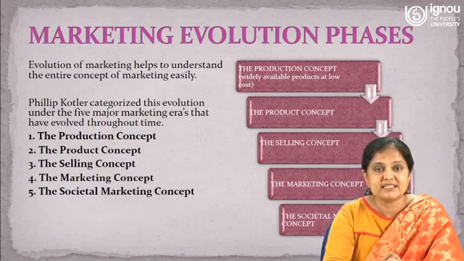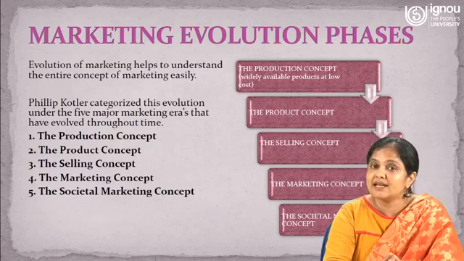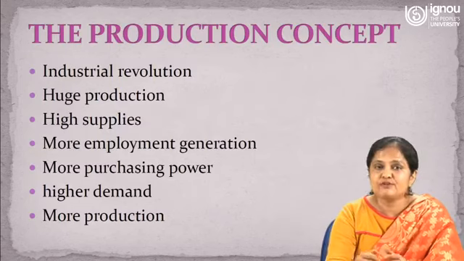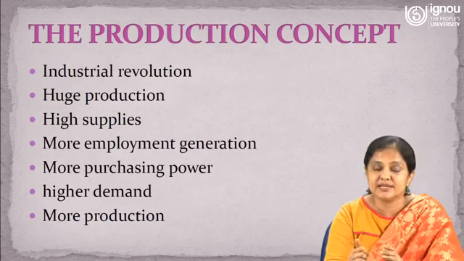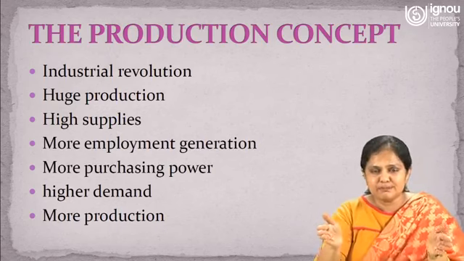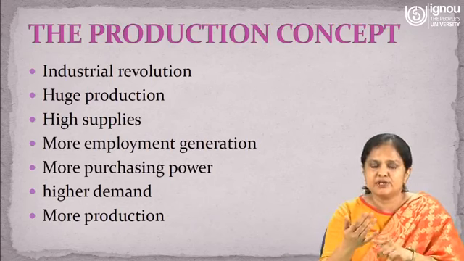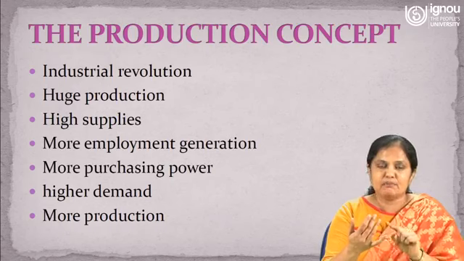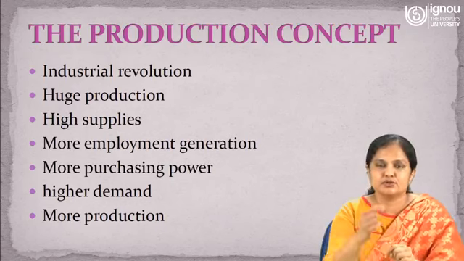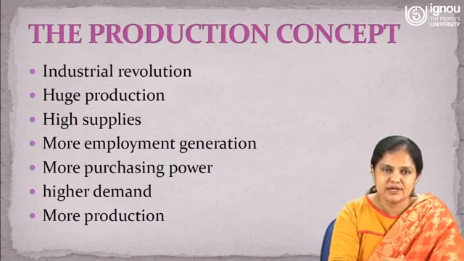And believe me, this industrial revolution changed the face of the whole world, and we'll see how. So the first concept that we are going to discuss is the production concept. Of the post-industrial revolution era, the concepts are production, product, selling, marketing and societal concept.